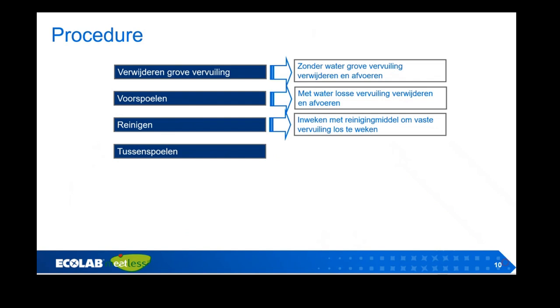Then the fourth step is the intermediate rinse. The main goal of the intermediate rinse is to remove all the soaked dirt and also the residues of your chemistry.